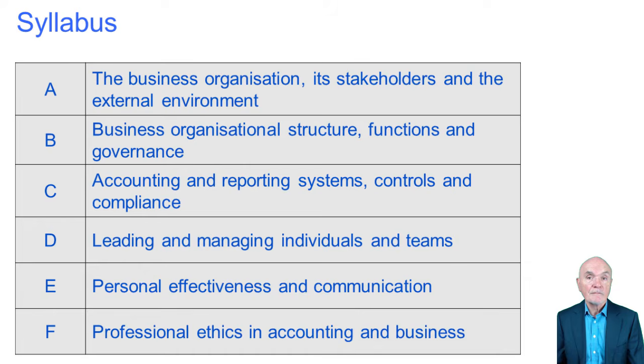And then governance. Governance is how companies are run and managed. The difficulty with businesses is once they get large, there tends to be a separation between the people who own the business, the shareholders, for example, and the people who day-to-day run the business, which is a board of directors.